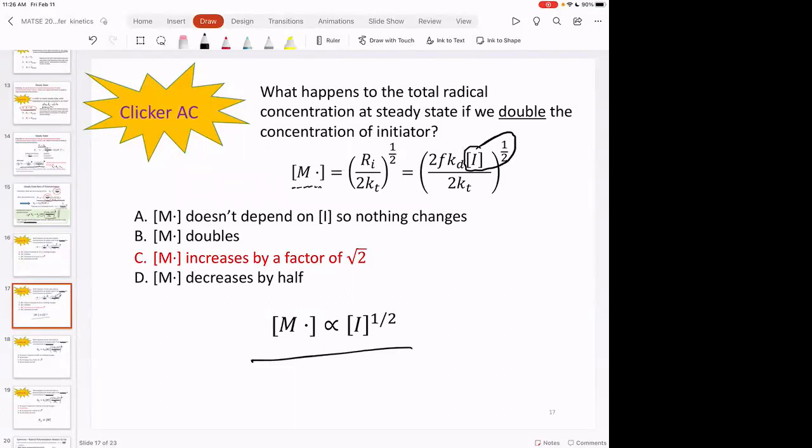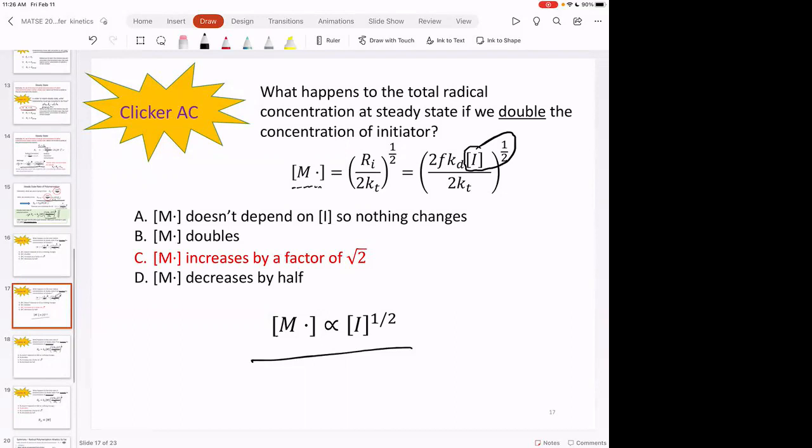If I say I'm going to increase the concentration of initiator by a factor of 10, you know that m dot is going to increase by 10 to the 1/2. So make sure you're able to do that type of analysis where you don't necessarily have to plug and chug everything in. You can answer the question based on some of the fundamentals.